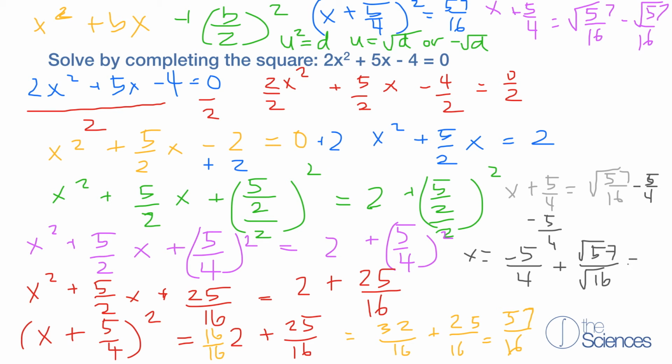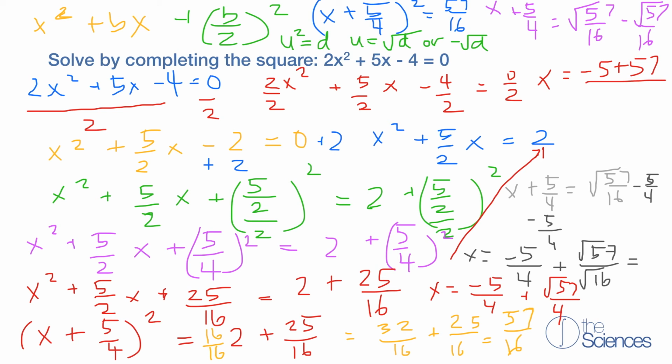So we can simplify this as x equals negative 5 over 4 plus the square root of 57 over the square root of 16, which is 4. So our answer could be x equals negative 5 plus the square root of 57, over 4.